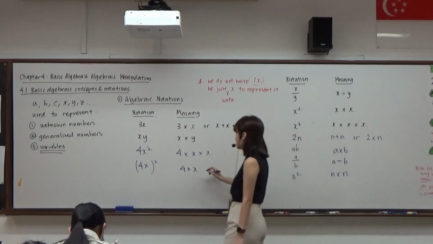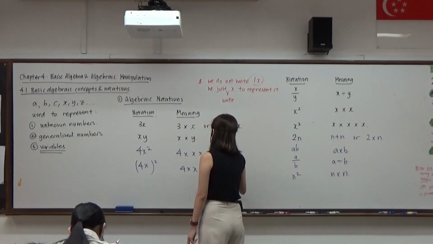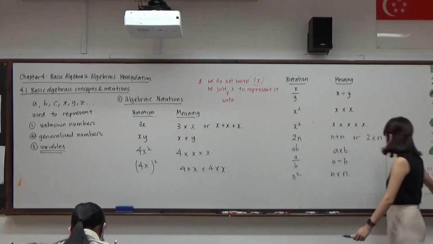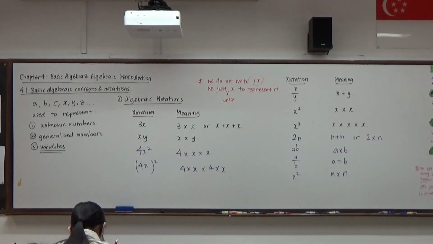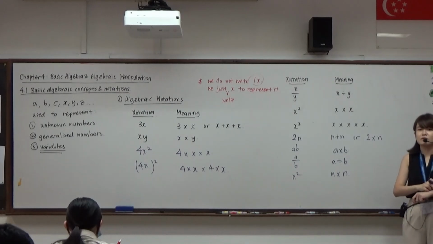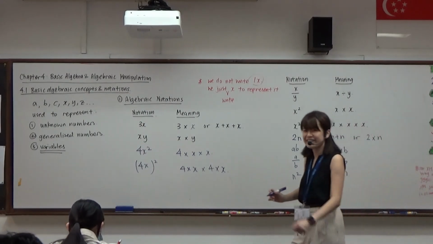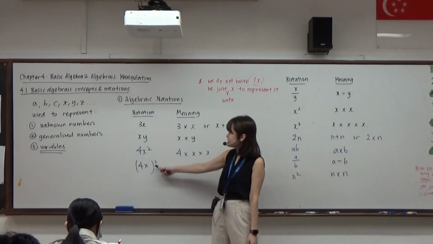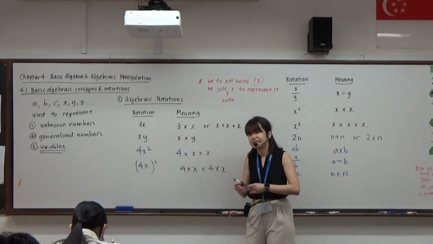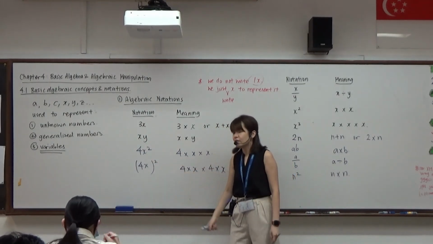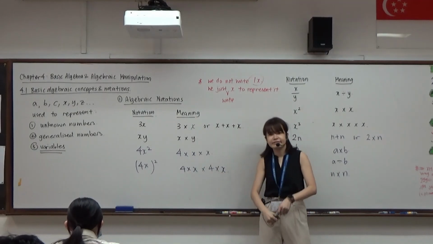He says 4 times x times 4 times x. So that's what you meant, right? Emmanuel, you agree with Xavier? You agree? But then this and this look the same, just that one has brackets. Why is the answer different?